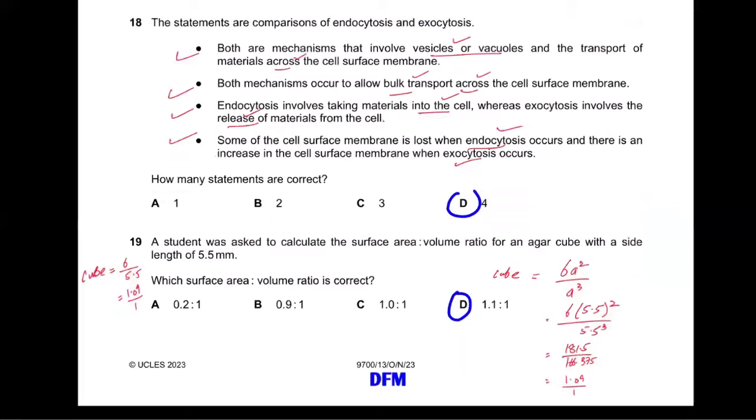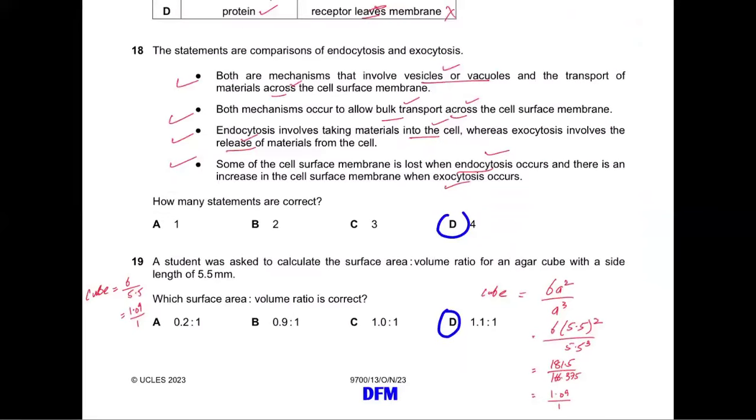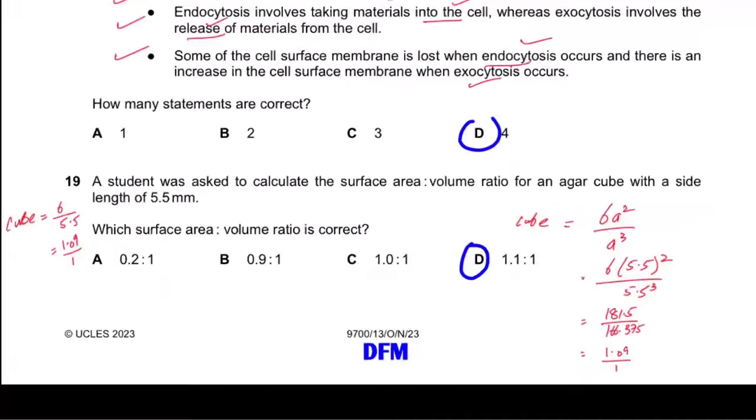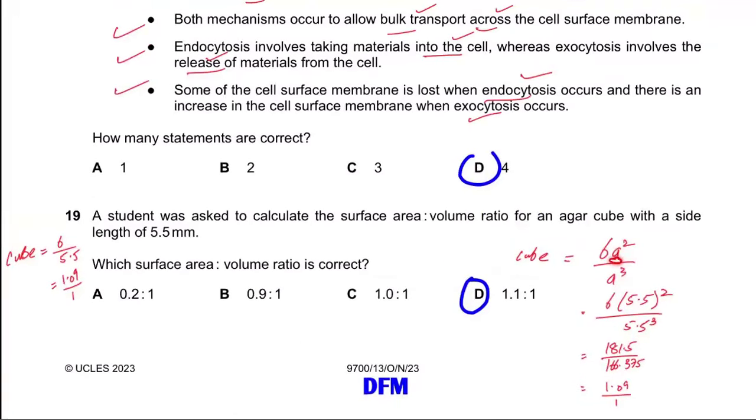A student was asked to calculate the surface area to volume ratio for an agar cube with a side length of 5.5 millimeters. Side length is provided. We know that for a cube, this is how you calculate the surface area to volume ratio: 6a squared upon a cubed. The value of a provided to us is 5.5, so you compute it in this formula.